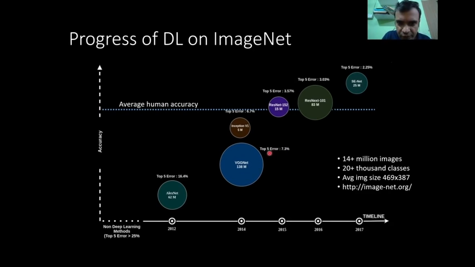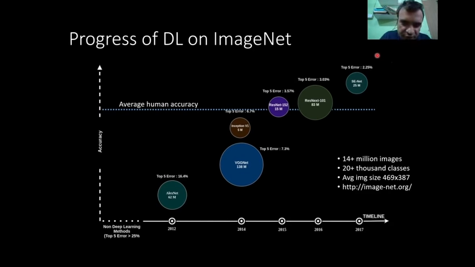Soon it was 7% error, 6% error. Human is around 5% error. So now it has become superhuman in terms of error. It now has 3% error and 2% error. Right? So there's a general trend of course, decreasing error, increasing accuracy over the years.